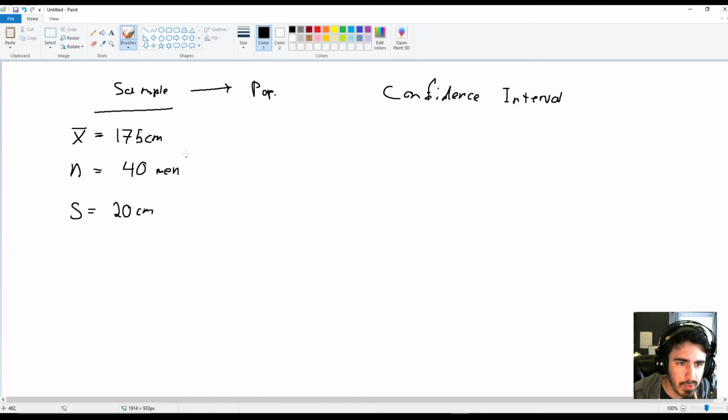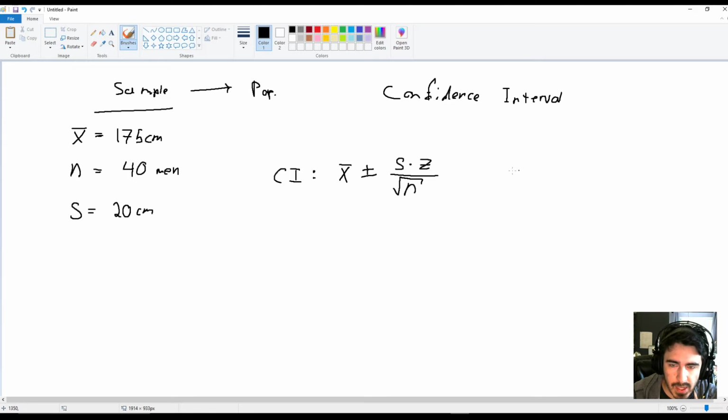Now, how confident are we that this sample reflects the total population? Well, the confidence interval, or CI, is given by the formula x bar, or sample average, plus or minus the sample's standard deviation times a z-score used in the confidence, divided by the square root of our sample size.